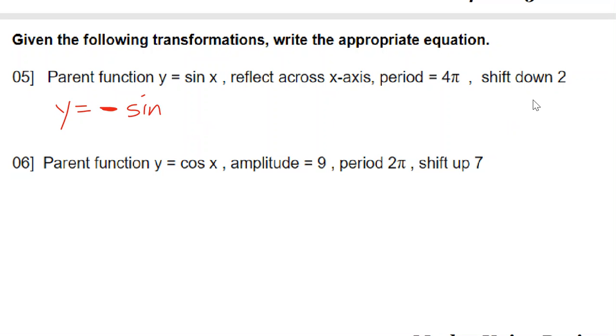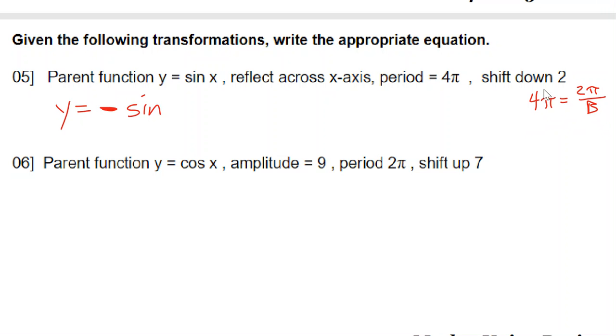Our period is 4 pi, which means 4 pi equals 2 pi over b. And I always like to think of it as, well, we could do the rule that I've taught before in geometry that I call switcheroo.